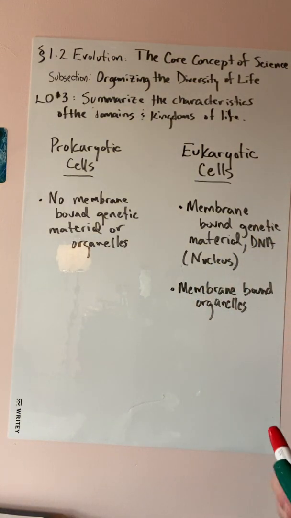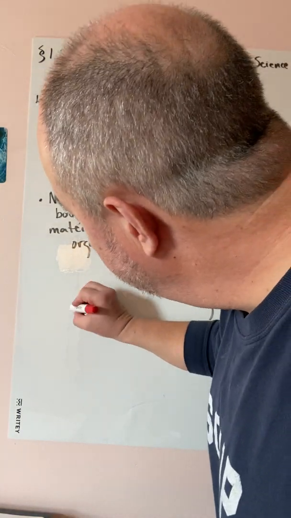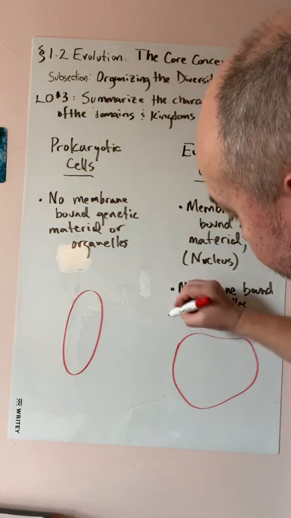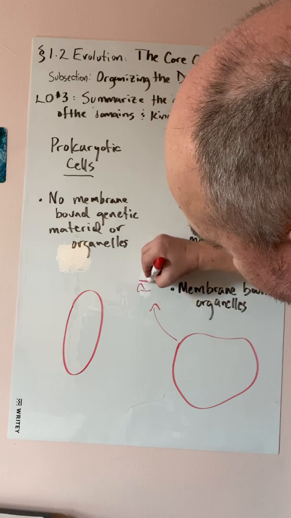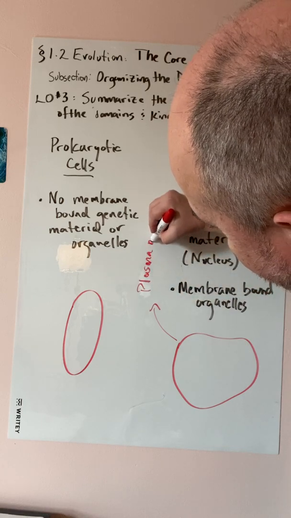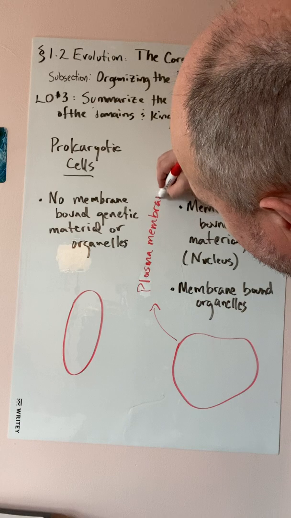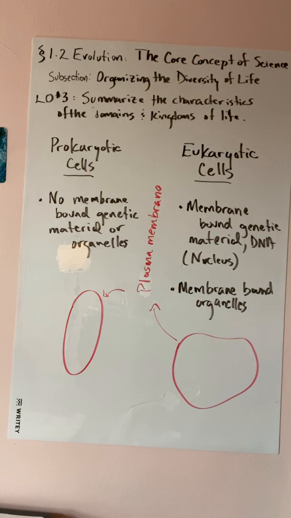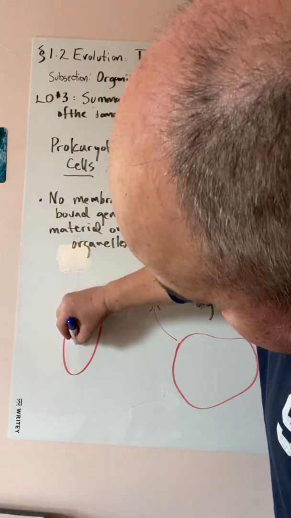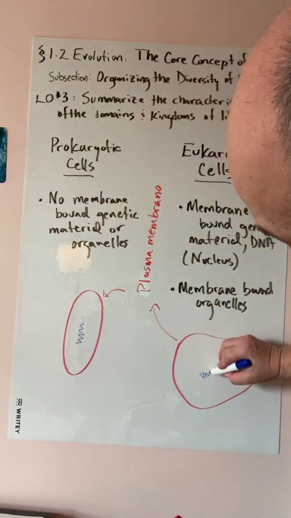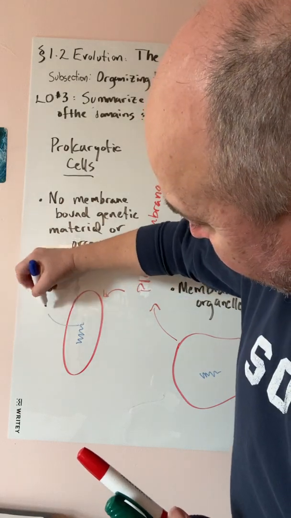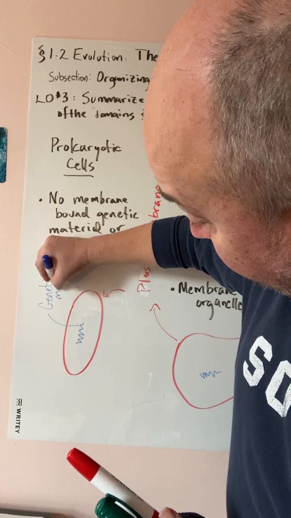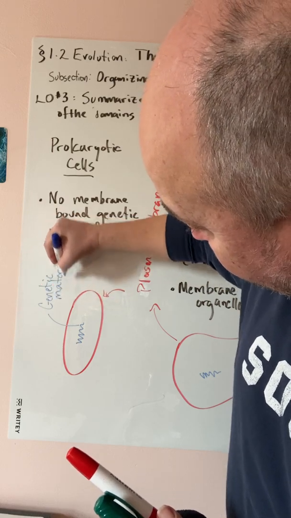So both of these organisms will have a plasma membrane. So this is a plasma membrane. Here's the plasma membrane on a prokaryotic cell. Both of them will have genetic material. The squiggly line is my genetic material. It is DNA in both organisms.